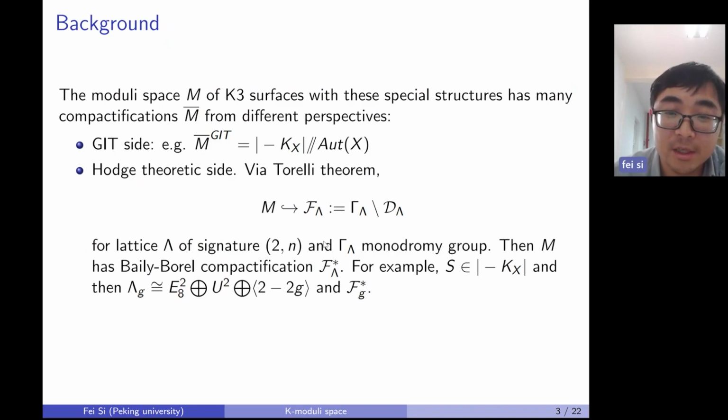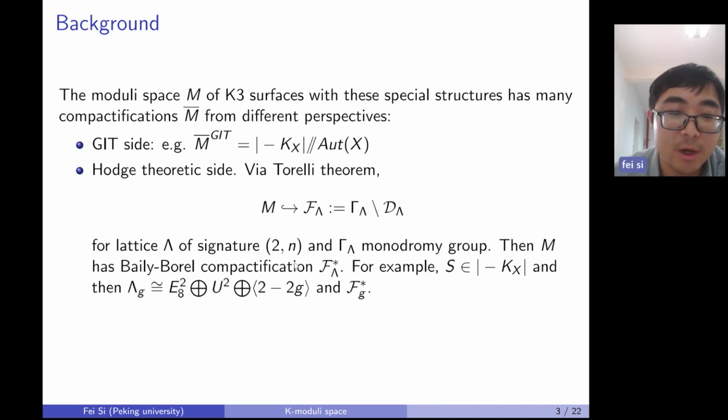Then you may consider the monodromy groups of these K3 surfaces with additional structures. Then you can take this quotient. This quotient is known as a locally symmetric variety, an orthogonal type Hermitian domain quotient.